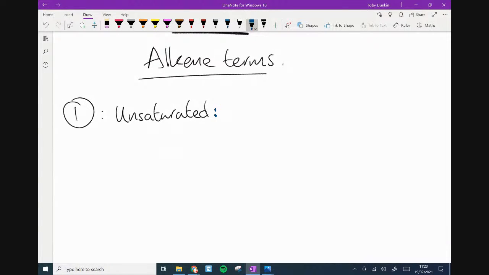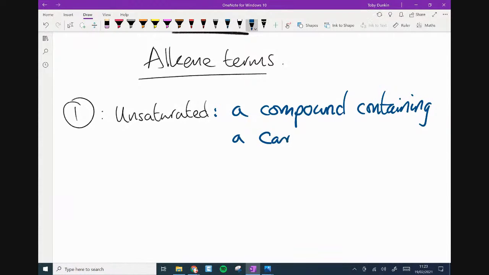The definition for unsaturated: a compound containing a carbon-carbon double bond. It's a rather odd thing, but you have to say carbon-carbon double bond.